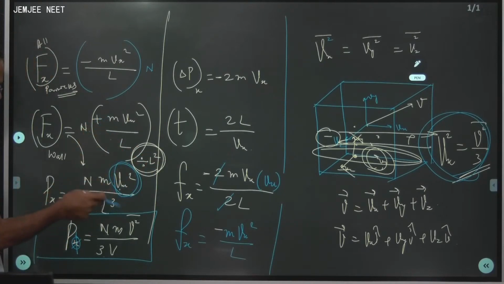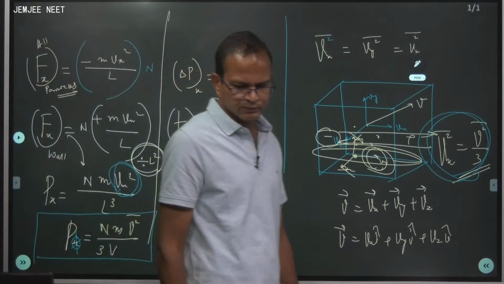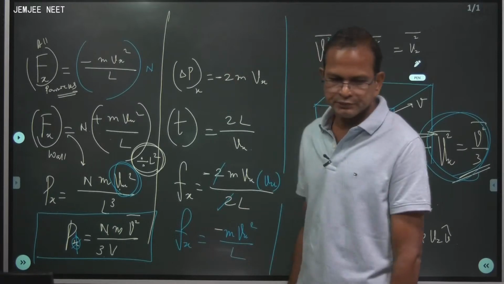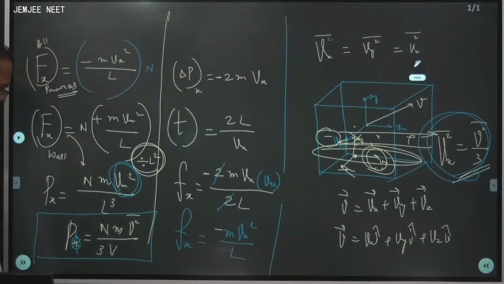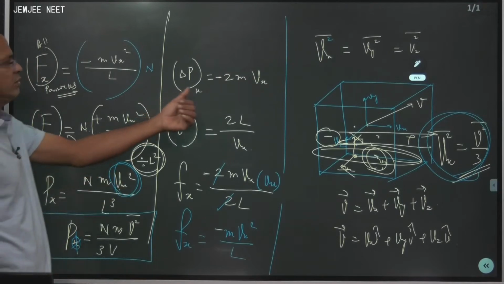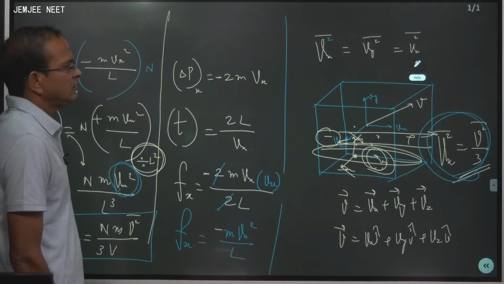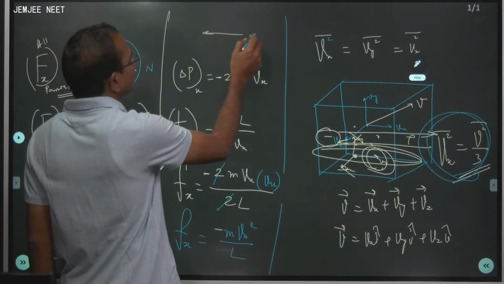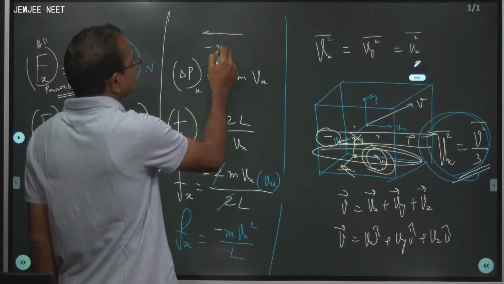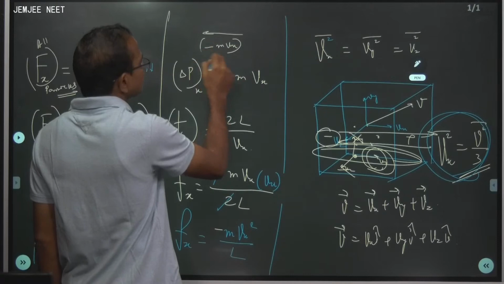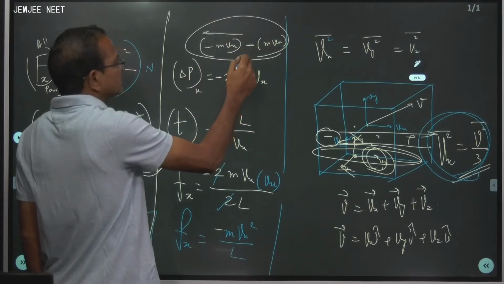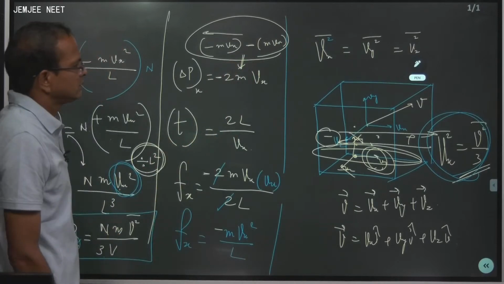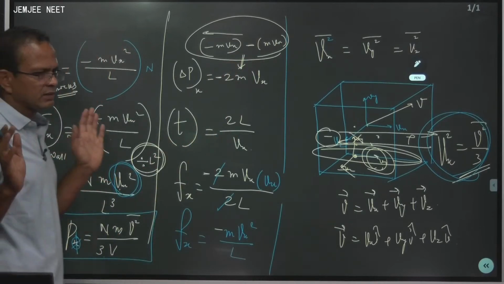The change in momentum is final momentum minus initial momentum. Final momentum is minus mVx and initial momentum was mVx, so you get 2mVx.